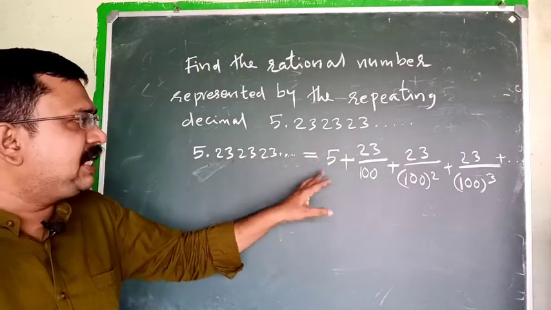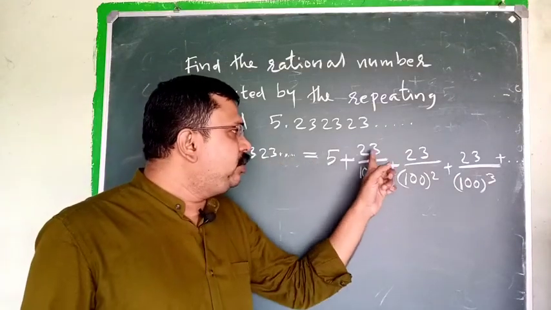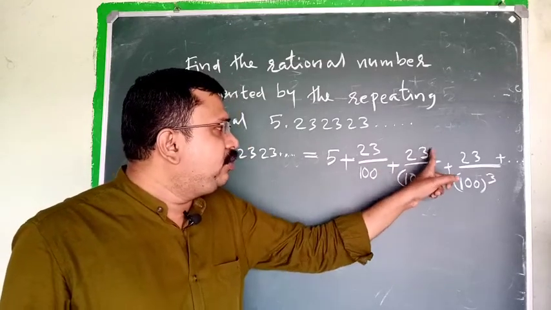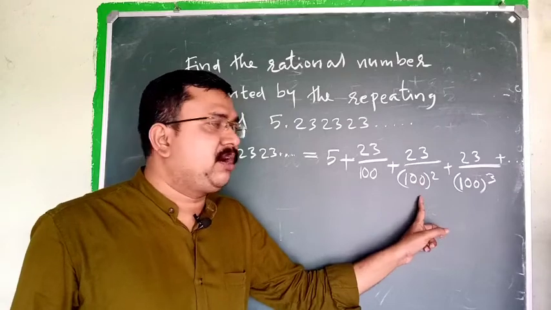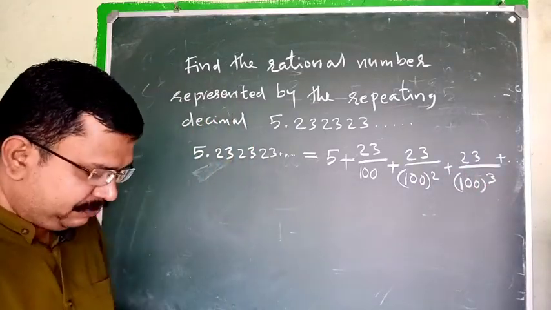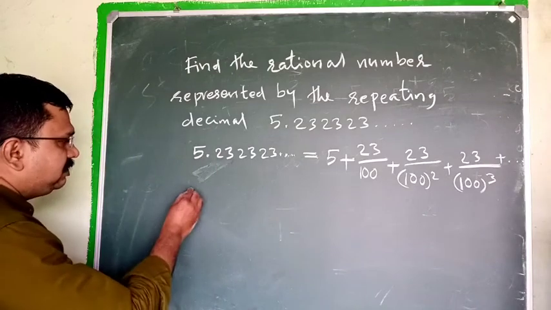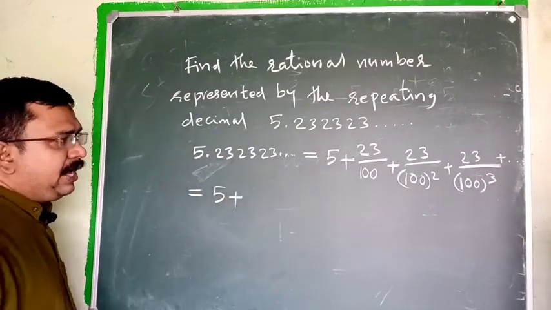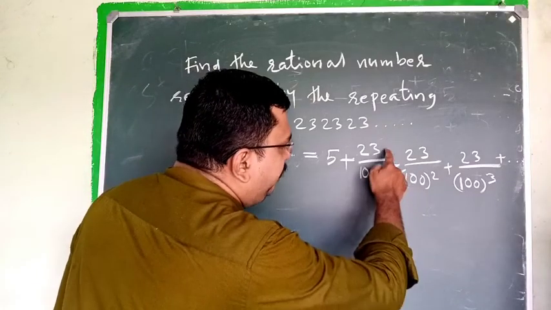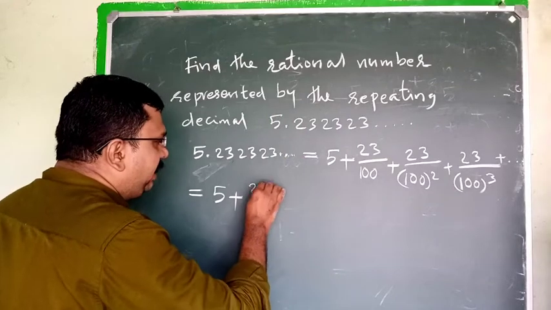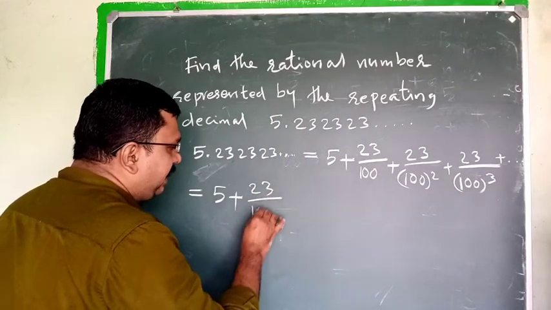Remember that 5.2323 can be written as 5 plus 23 by 100, that is 0.23, plus 23 by 100 square plus 23 by 100 cube plus etc. This can be written as 5 plus, I am going to take out 23 by 100 from these terms. 23 by 100 is taken outside.